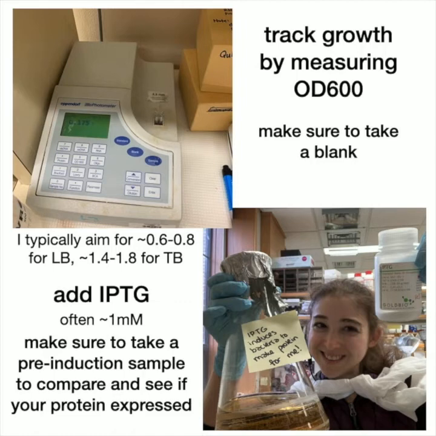So it's pretty awesome. But sometimes if your protein is harmful to the cell or doesn't fold well, and you try to express too much, then the protein is going to aggregate, or it's not going to have time to fold properly.